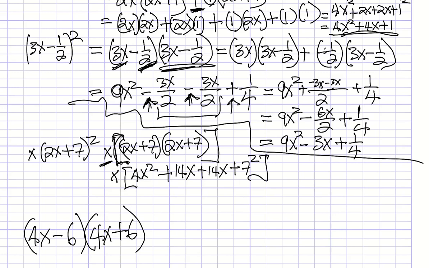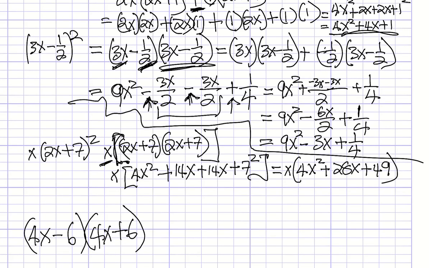So let's simplify inside: that's 4x squared plus 28x plus 49.